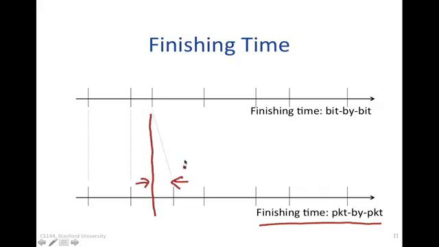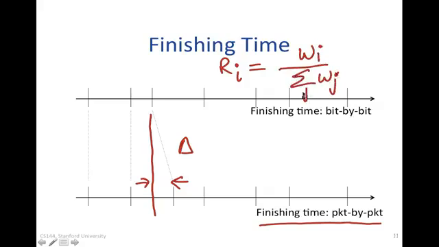So there could be a little bit of a delta between when the packet would finish bit by bit. And we know if it's bit by bit, then the rate that Qi would receive will be Wi over the sum of the Wj, in other words, the weight that we're looking for of the outgoing line. So if this was being met, then we know that would be true.